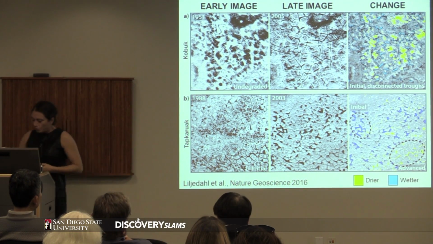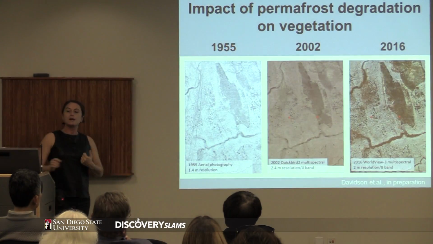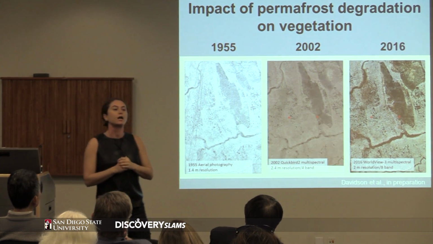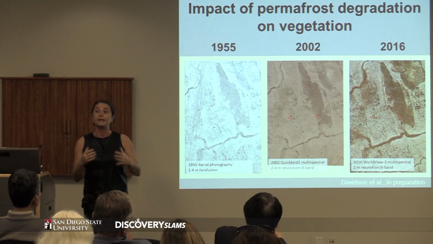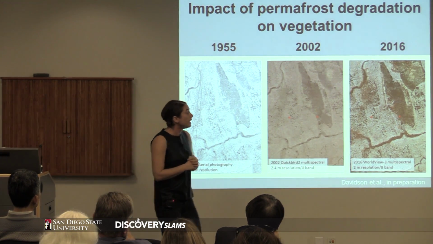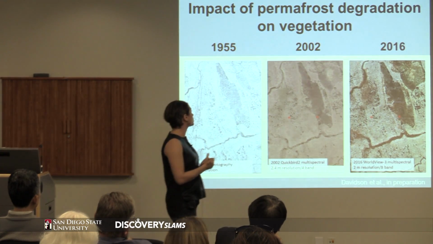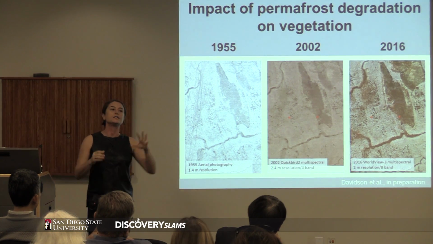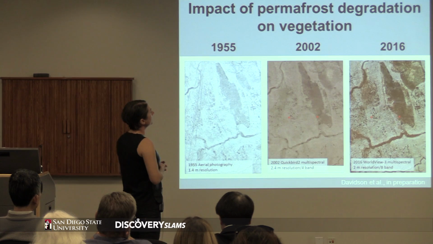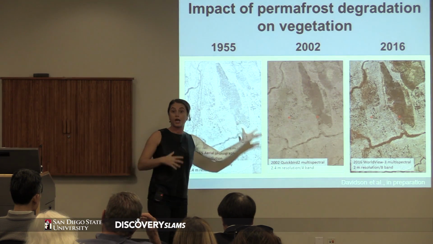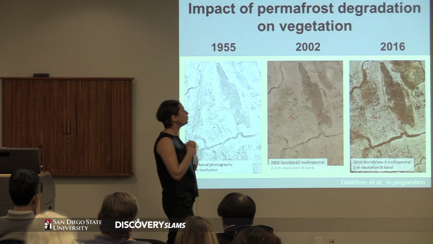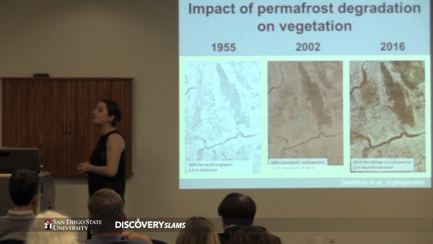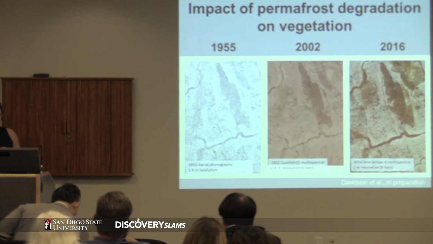So the next step from here would be trying to understand how this permafrost change is actually affecting the vegetation and the greenhouse gas emission. That's why my other PhD student, Scott, is now working with some of the images in the sites in which we also had greenhouse gas flux measurements, both chambers and eddy covariance, trying to identify how the vegetation change is actually affecting the fluxes.